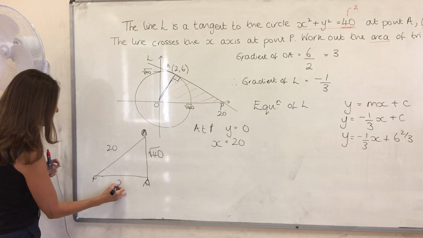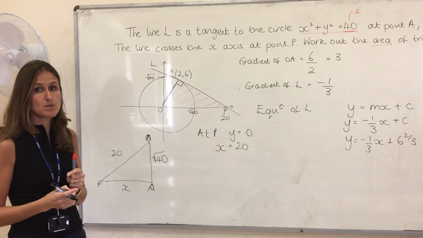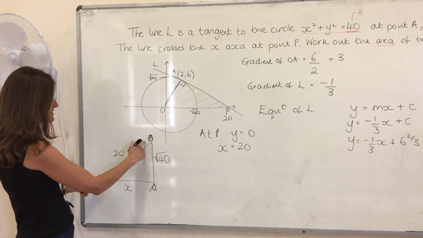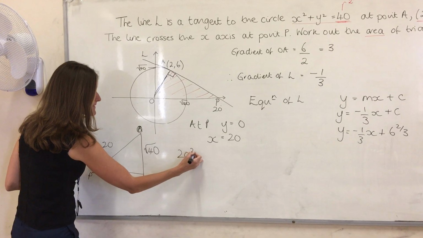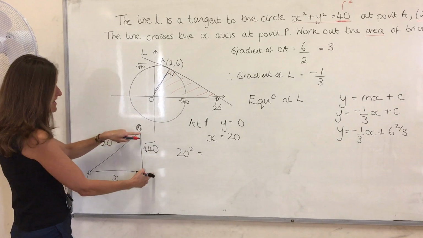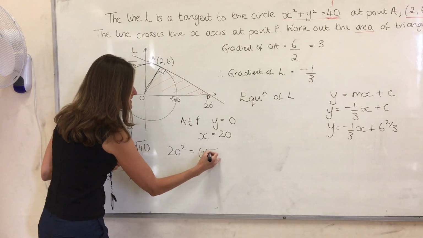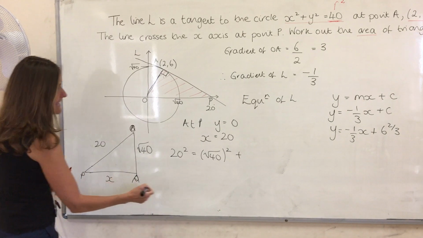I'm going to let that be x, and I'm going to use Pythagoras to find out what it is. Pythagoras on this means that 20 squared has got to be equal to the sum of the squares of the other two sides, so root 40 squared plus x squared.